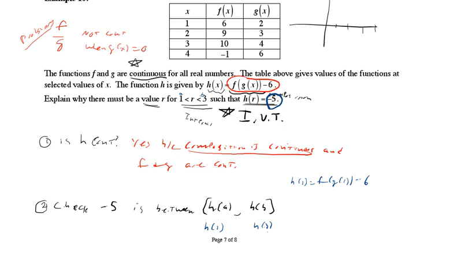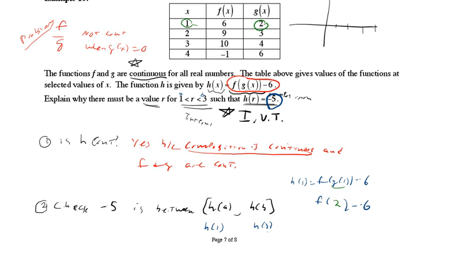Well, we look for g of 1 first. G of 1 is 2. So this is going to be f of 2 minus 6.